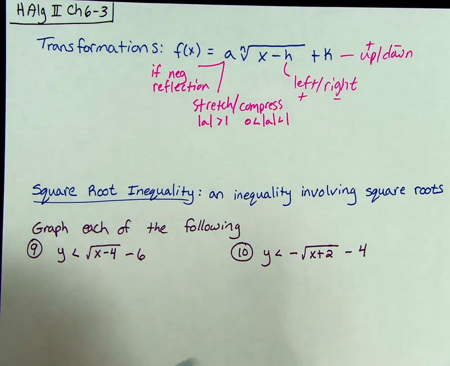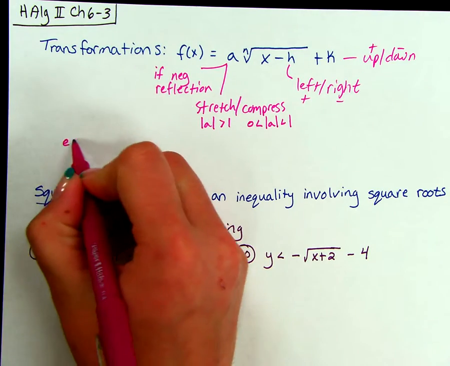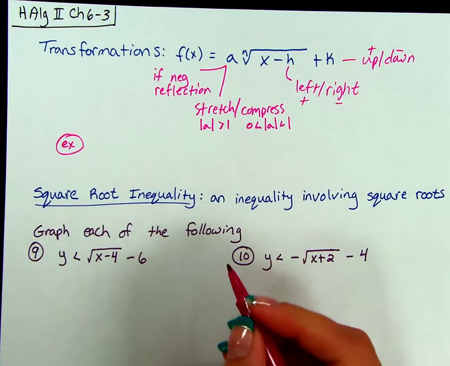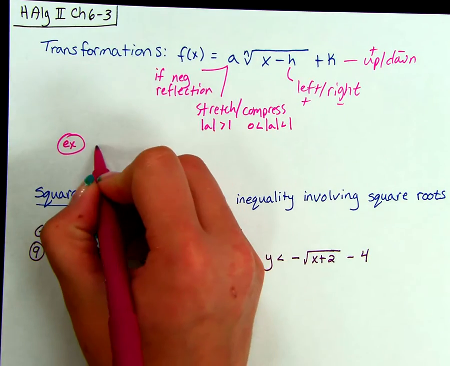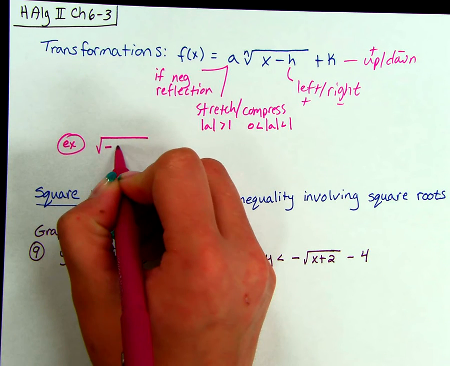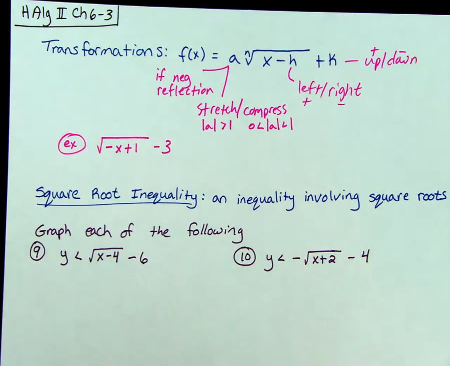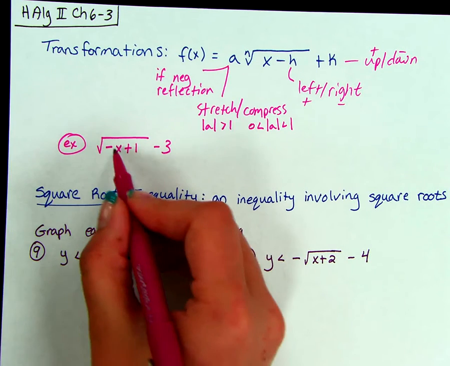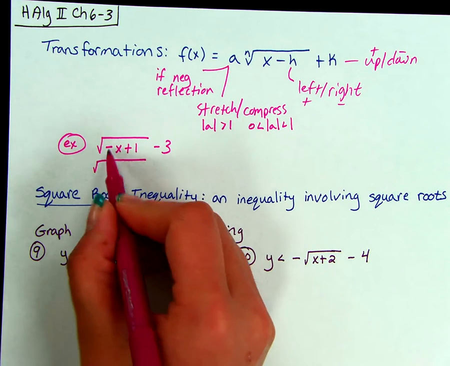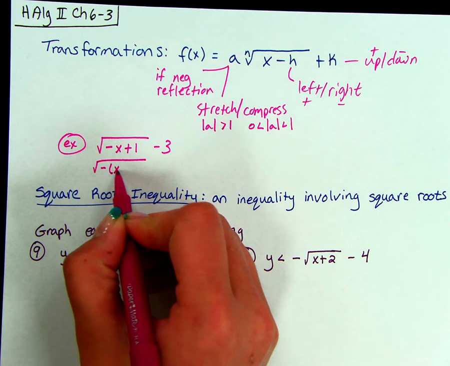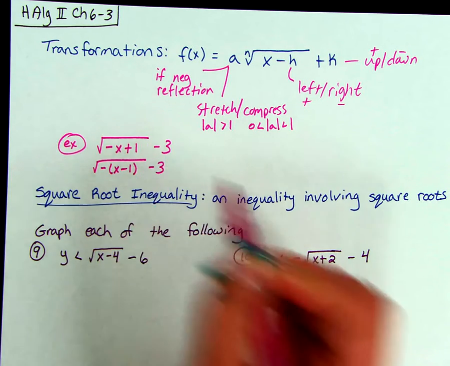So what I mean by that, let's say, for example, we had the equation, the square root of negative x plus 1 and then minus 3 on the outside. So before we can even do vertex or any of the other transformations, we actually need to factor out this negative. So we would factor out a negative 1, so then this would be x minus 1, and then minus 3.